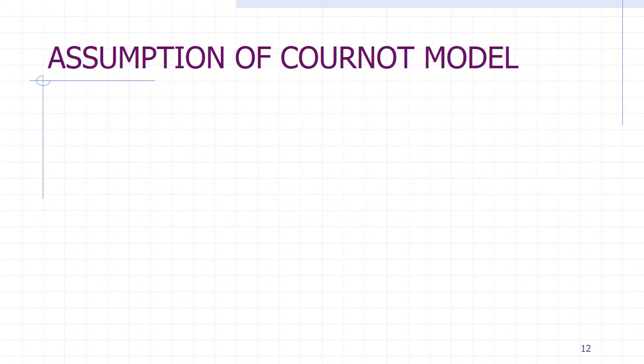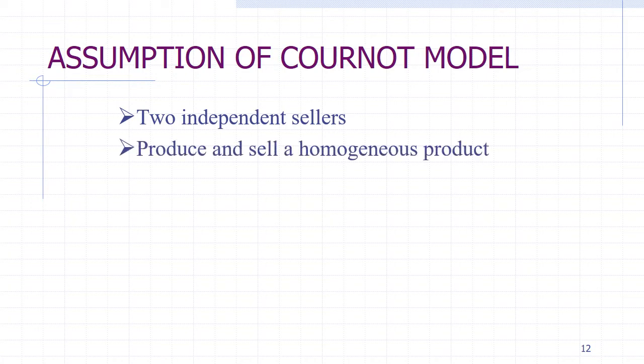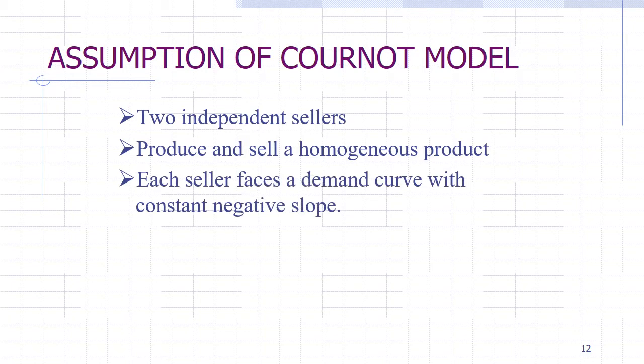Let's see what the assumptions of the Cournot model are. Basically, there are two independent sellers. Second, they produce and sell a homogeneous product, meaning an identical, same product. Each seller faces a demand curve with constant negative slope.